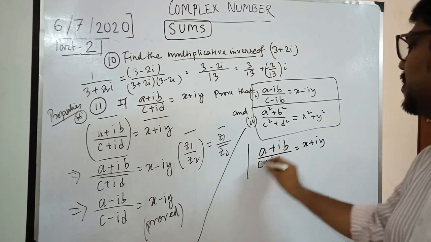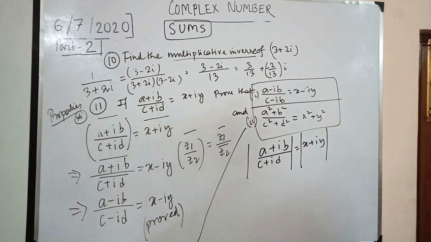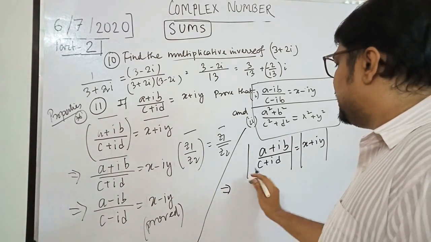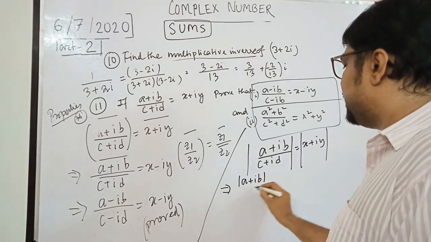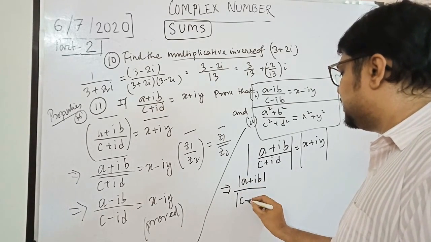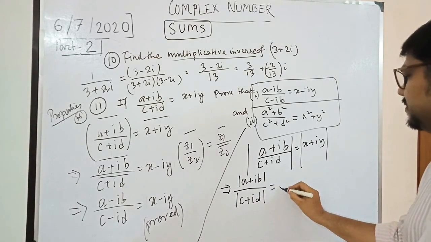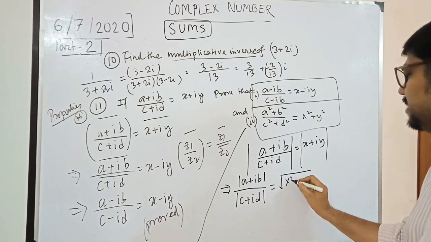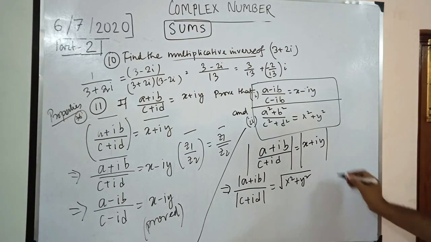So we take the modulus of both sides. So please write the property. The next line will be mod of a plus ib divided by mod of c plus id, and on this side, if you remove the mod, you will get root over x square plus y square. Is it okay?